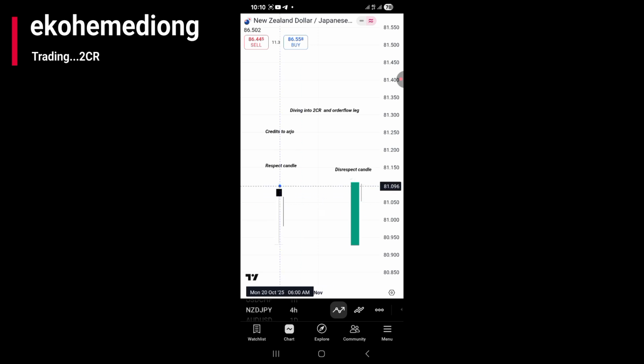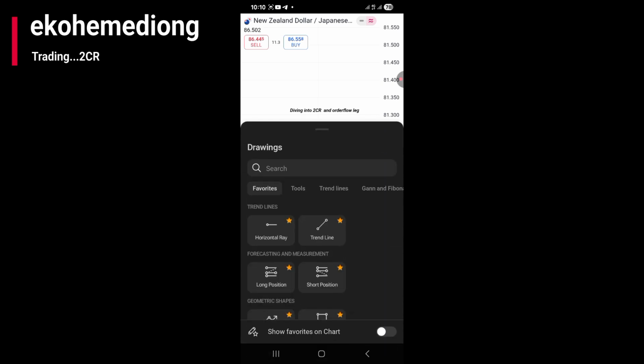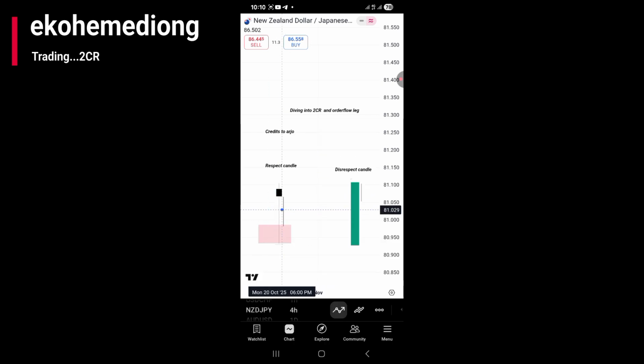When this candle sticks into that PD array that we want to continue, for example, a fair value gap, it means that we are probably respecting that PD array and can continue higher. The color of the body of the respect candle does not matter. What matters is if we see this large wick wicking the PD array.